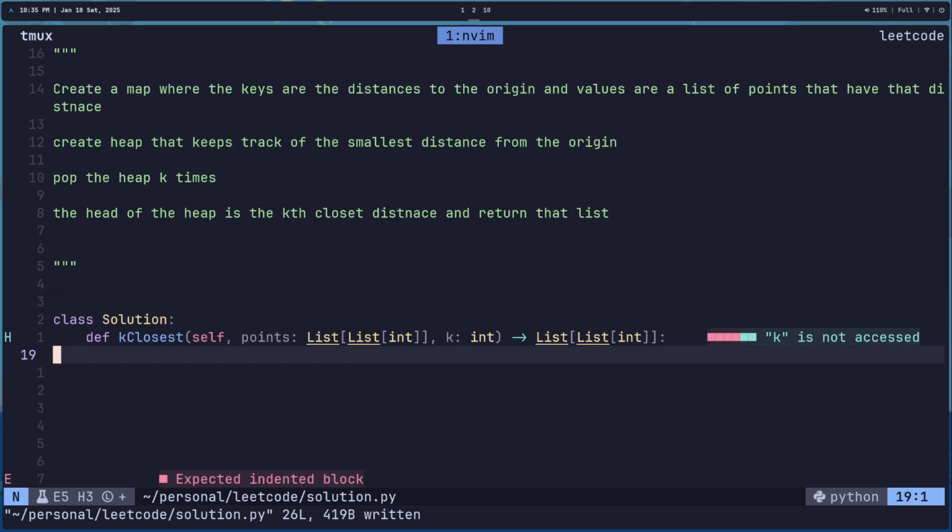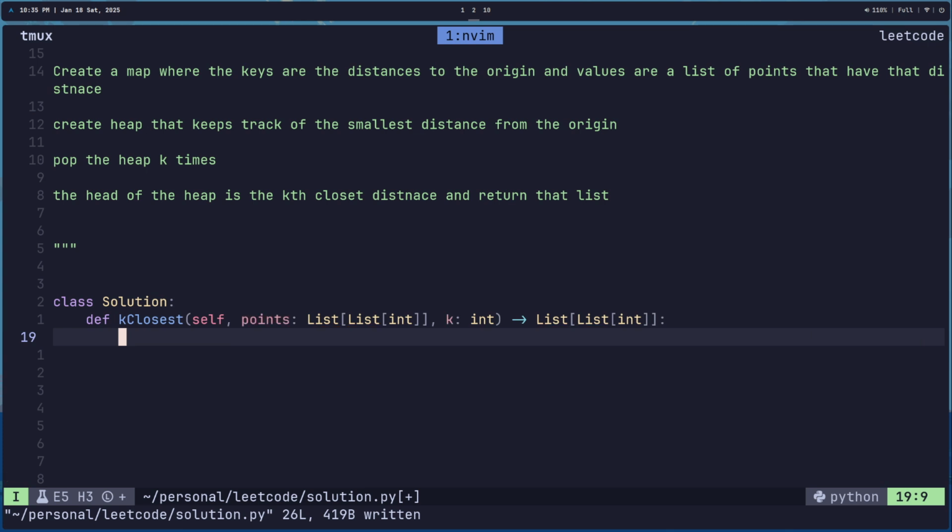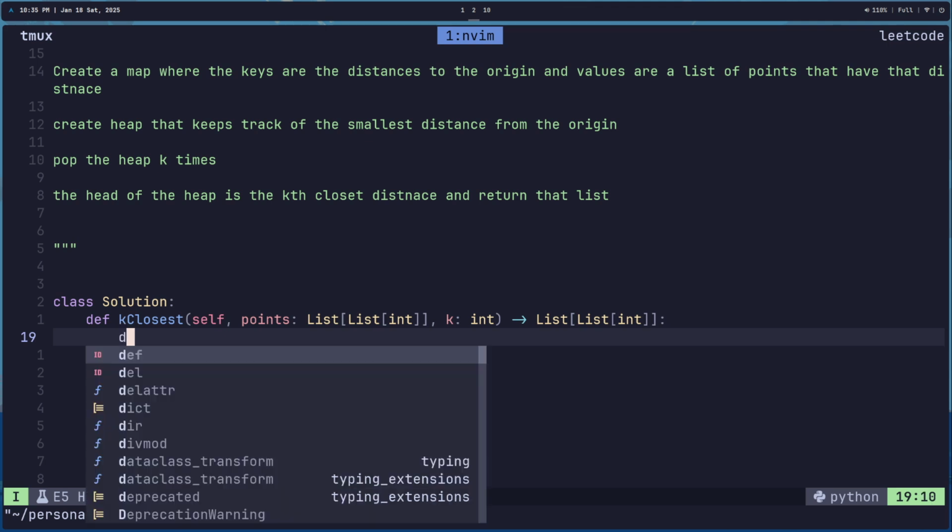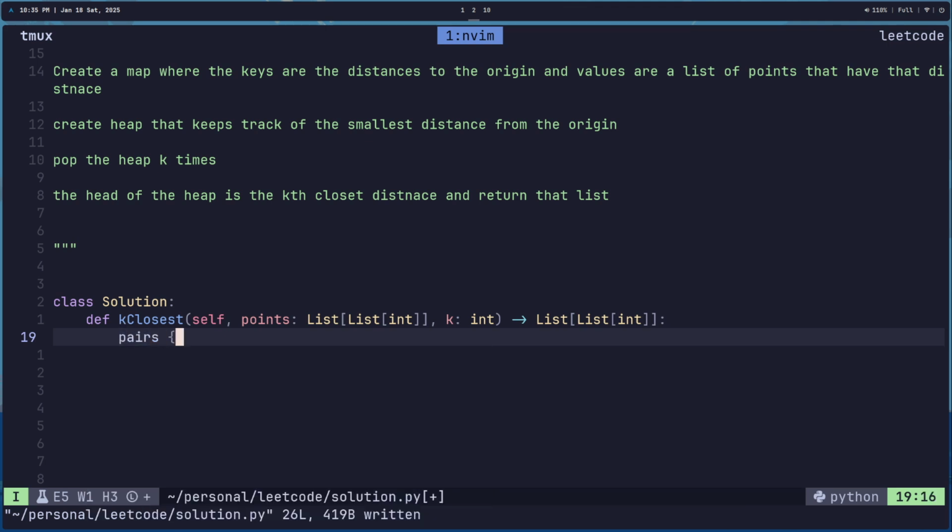Okay, so I need to calculate distance. I say pairs, I guess, right?